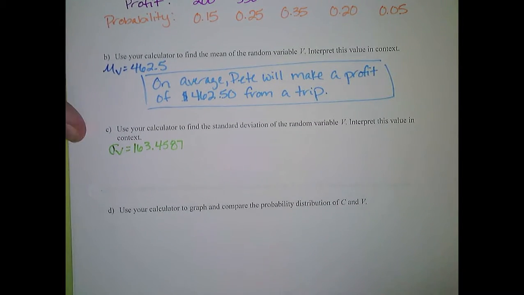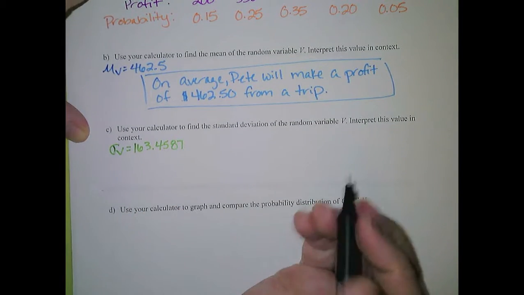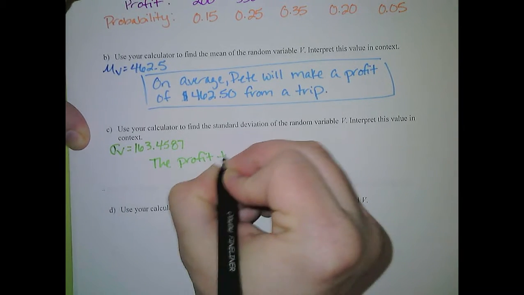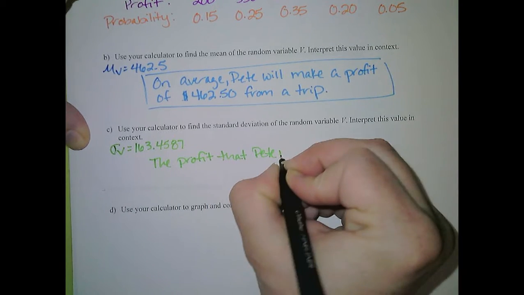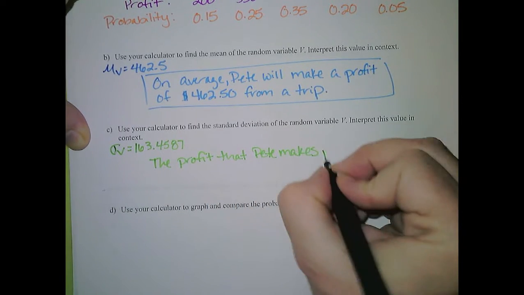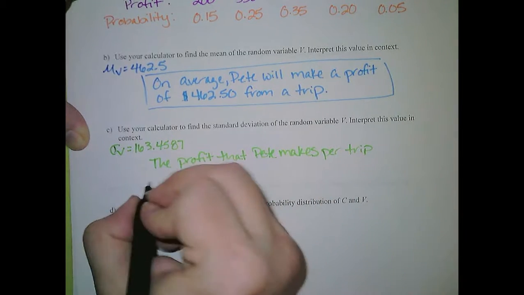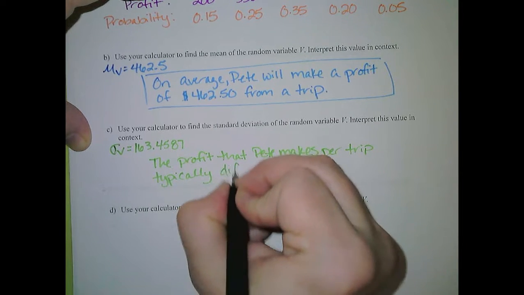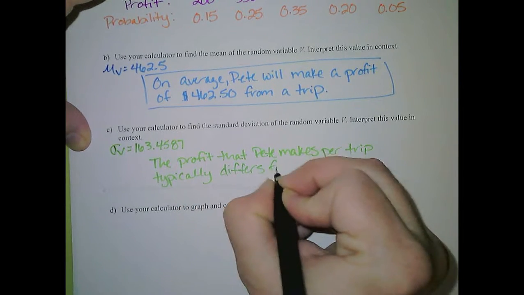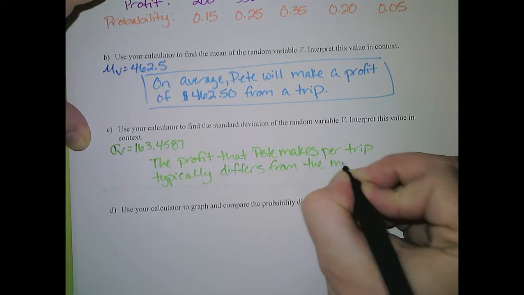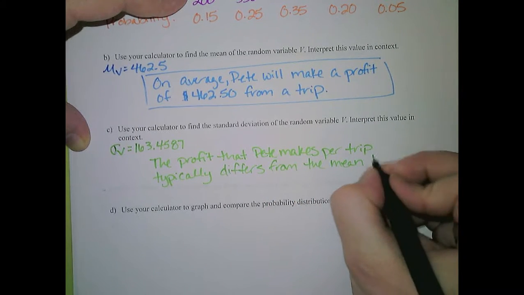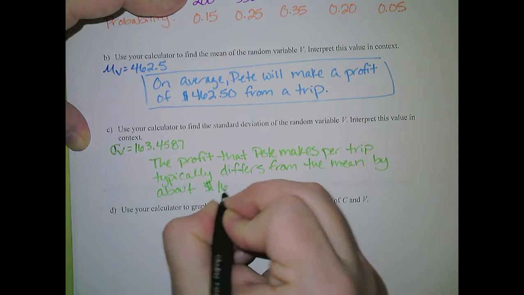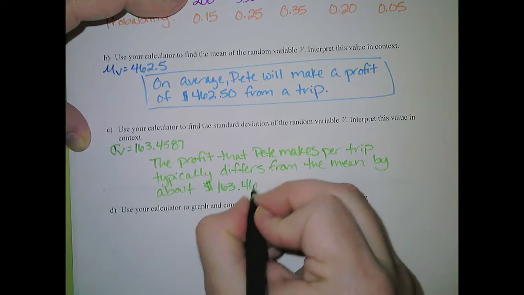The standard deviation is 163.4587, which means that the profit that Pete makes per trip typically differs from the mean by about $163.46.